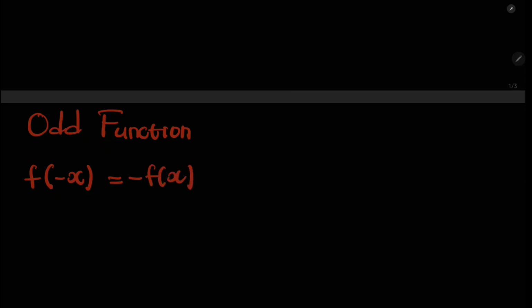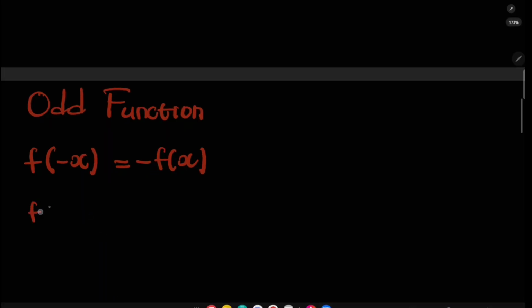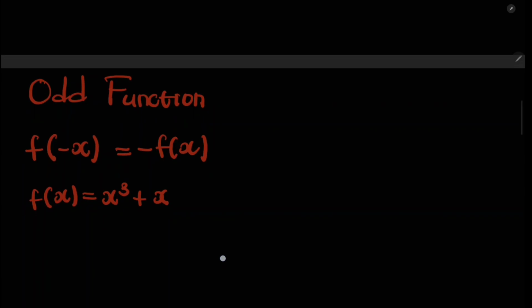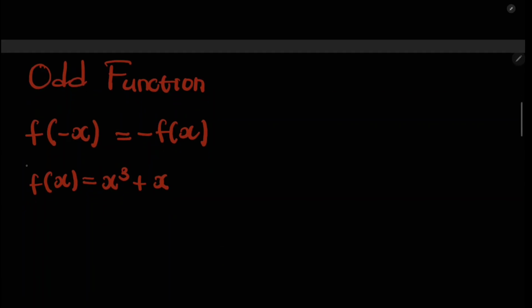This is the case where it is an odd function. Okay, so let me take a quick example. Let's say our f of x is equal to x cubed plus x.